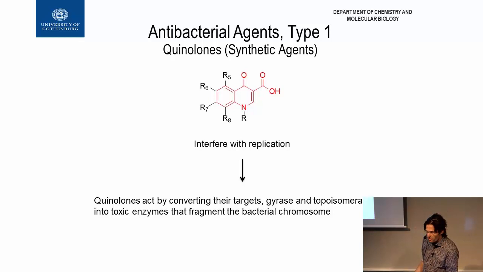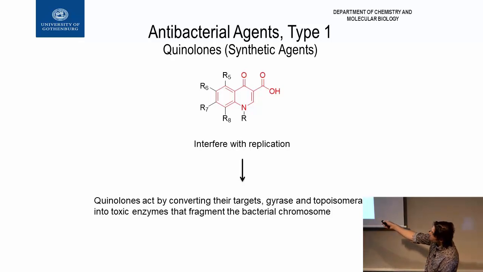And now we're going to look at some structures in more detail. So this is a quinolone. And when you see this R group, it means that the R group can be whatever. We can have variations there. So the red structure is what is called the basic structure that defines it as a quinolone. And quinolones are completely synthetic agents, all man-made.